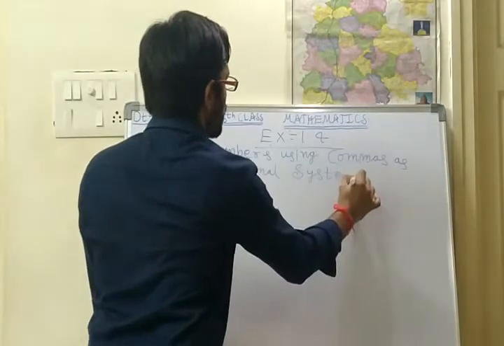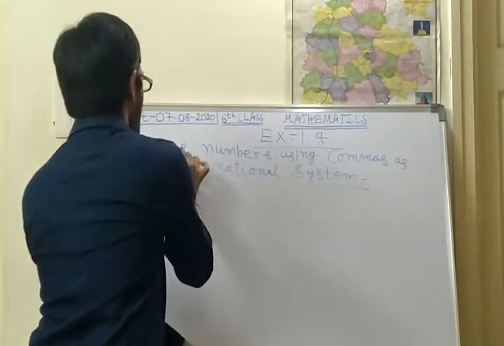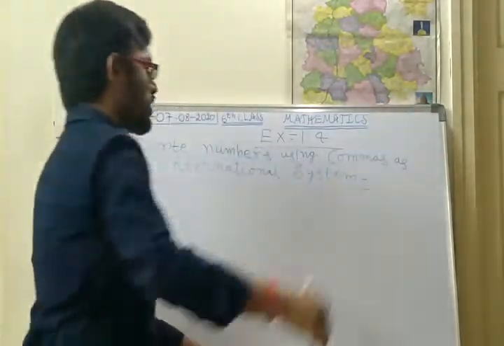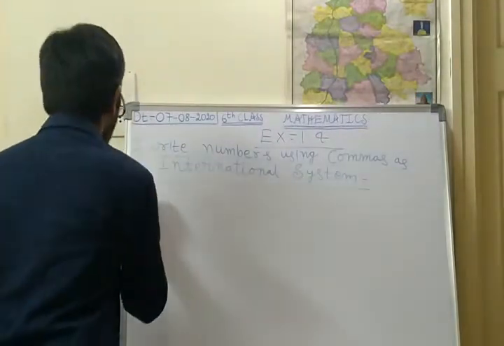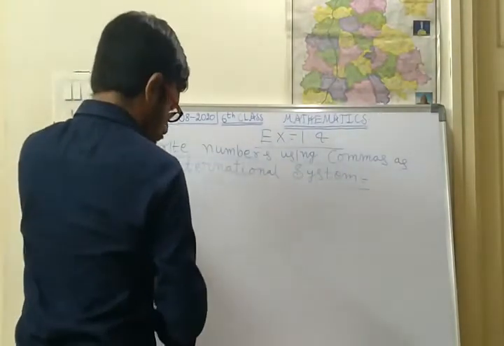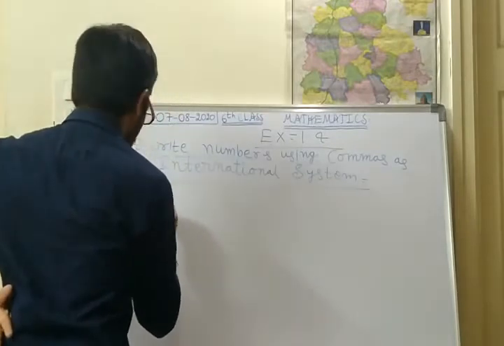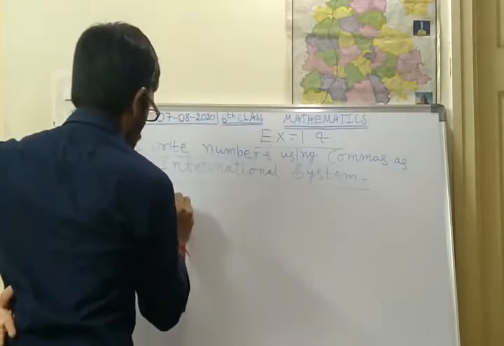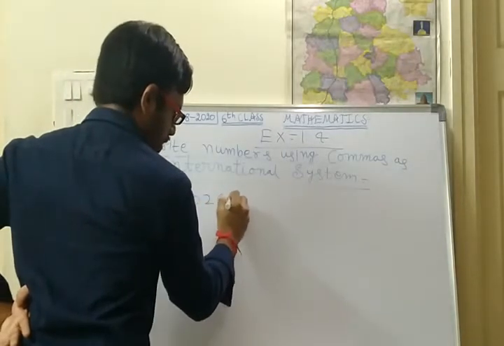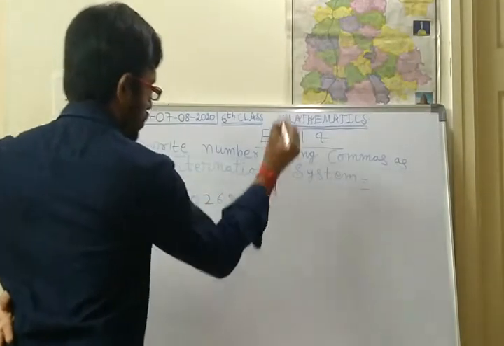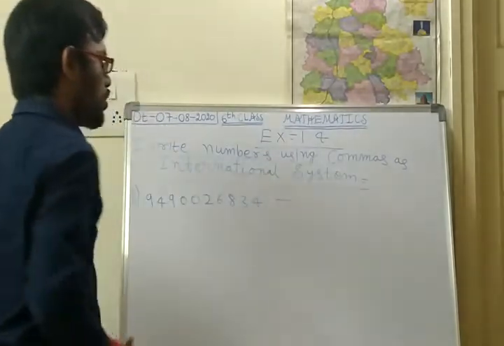Okay, as per the International System of Numeration we have to write the numbers using commas. So in the first bit, what is the number I am taking? 949002683426834. I hope you will be doing this one very easily.